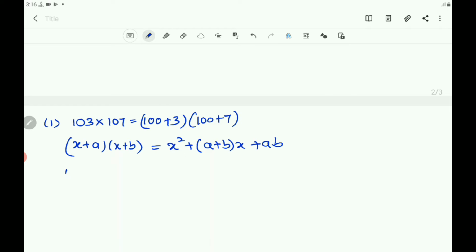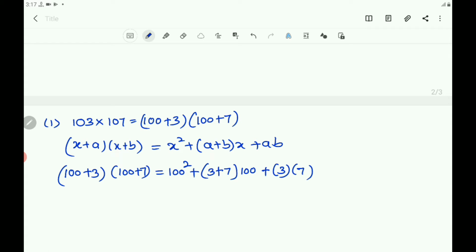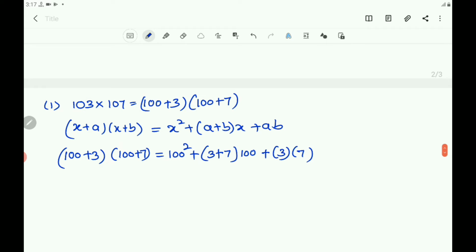Then 100 plus 3 into 100 plus 7 equals 100 square plus a plus b, where a is 3 and b is 7, into x, x is 100, plus a into b, which is 3 into 7.